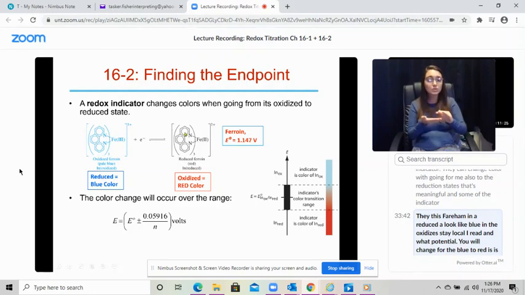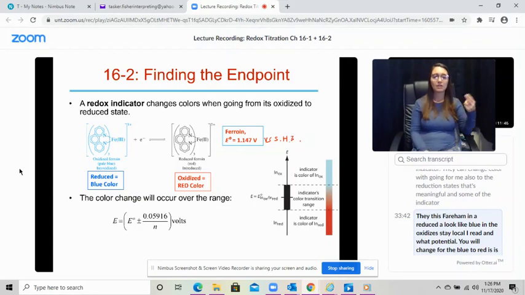In the oxidized state, it looks red. And the potential at which it changes from blue to red is somewhere around 1.147 volts versus the standard hydrogen electrode. Okay, this is with respect to the standard hydrogen electrode.